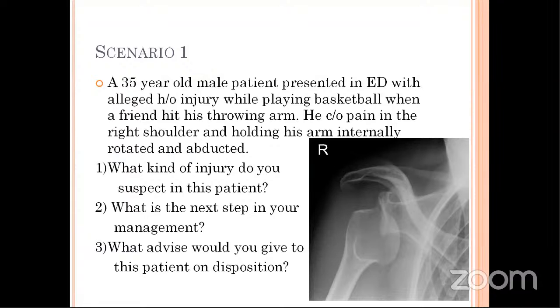And the next step of management, you can go ahead with reduction. And while discharging the patient, you can provide him with a shoulder immobilizer or a sling, and you can advise for physiotherapy.